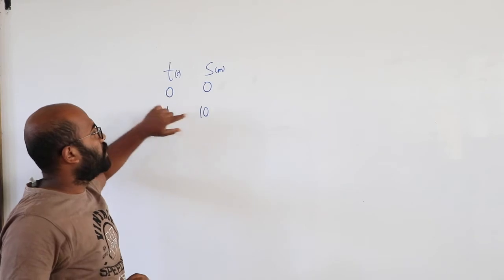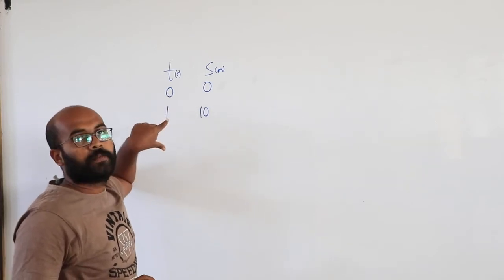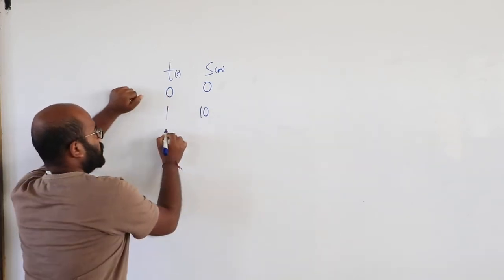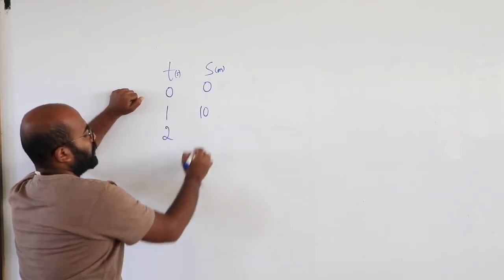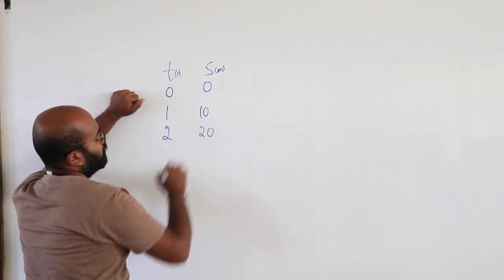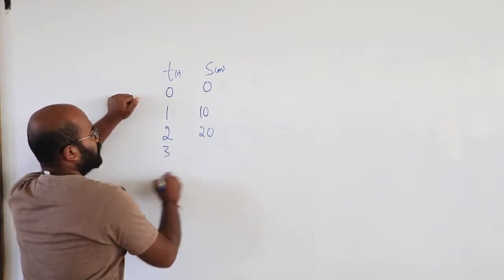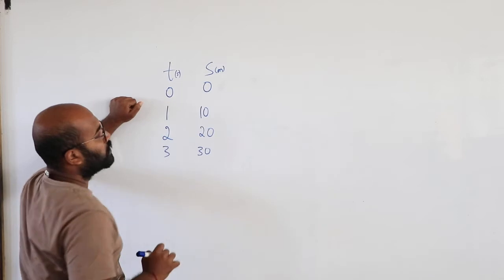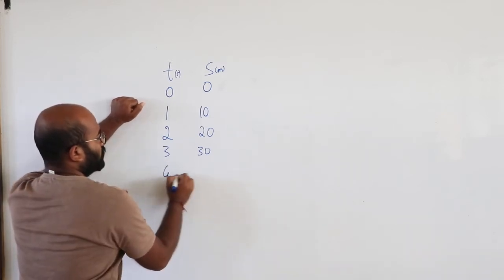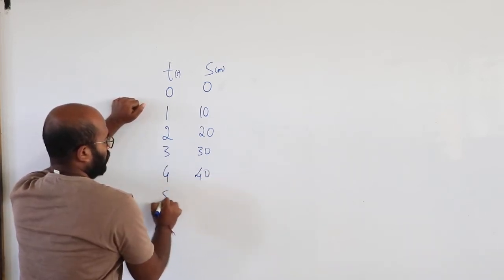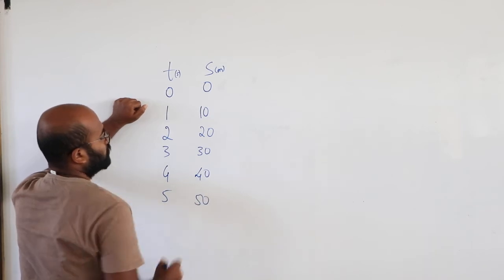So if the body has traveled 10 meters in 1 second, then in the next second, that is after 2 seconds, it has traveled 20 meters. Similarly, after 3 seconds, it would have covered 30 meters. So 4 seconds, 40, 5 seconds, 50 meters, and so on.